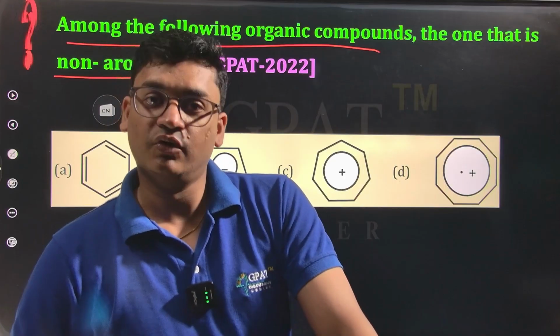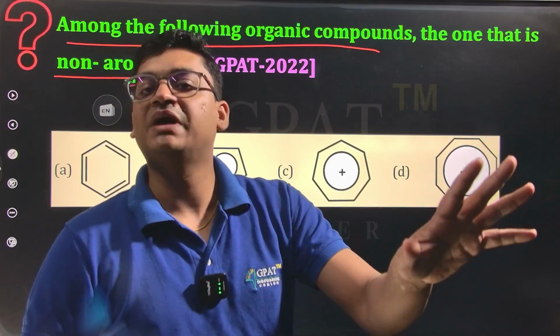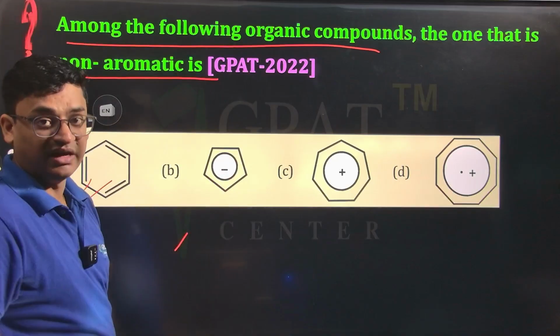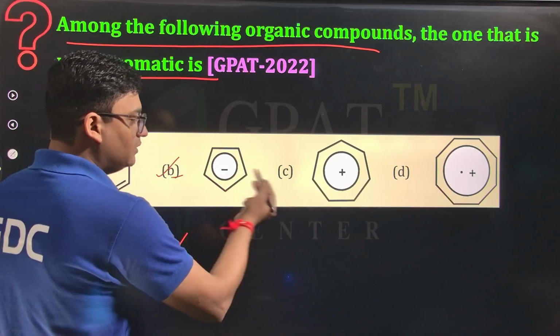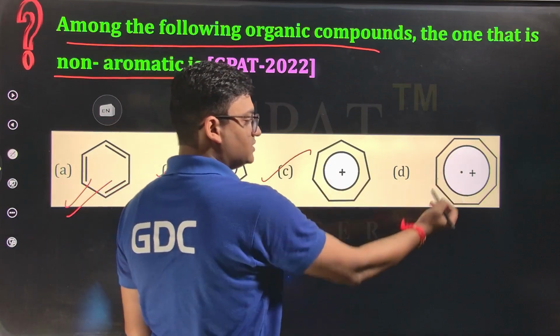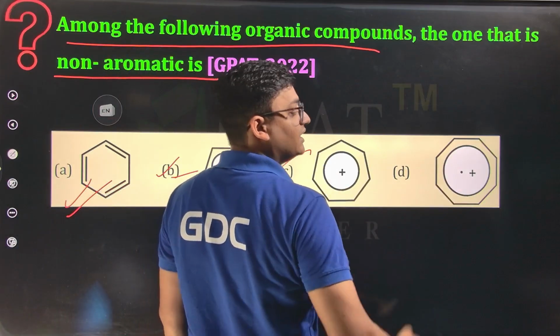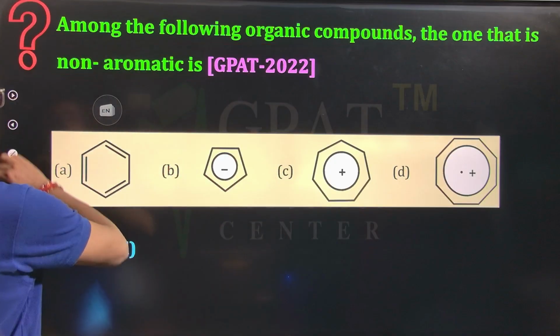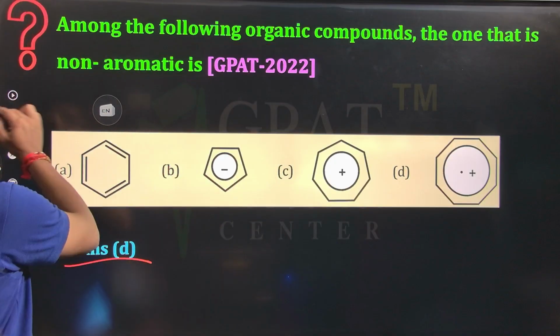So yes, this is benzene, aromatic; cyclopentadienyl anion, aromatic; cycloheptatrienyl cation, aromatic; but this is non-aromatic. This can never lead to aromaticity. So D will be the correct answer here.